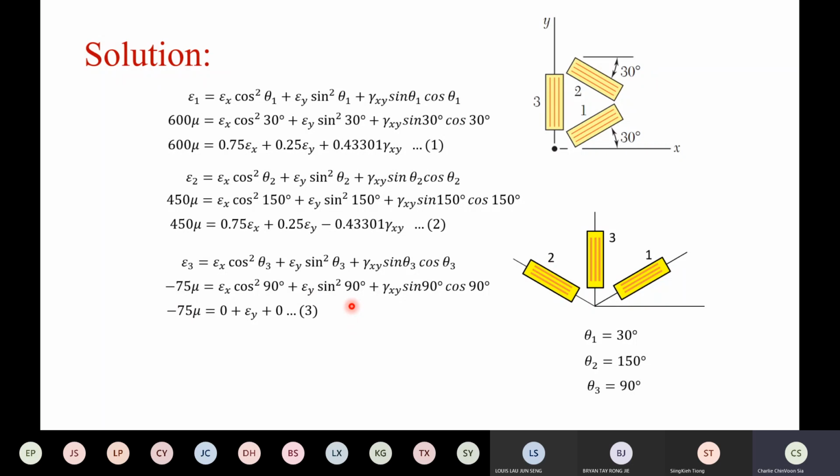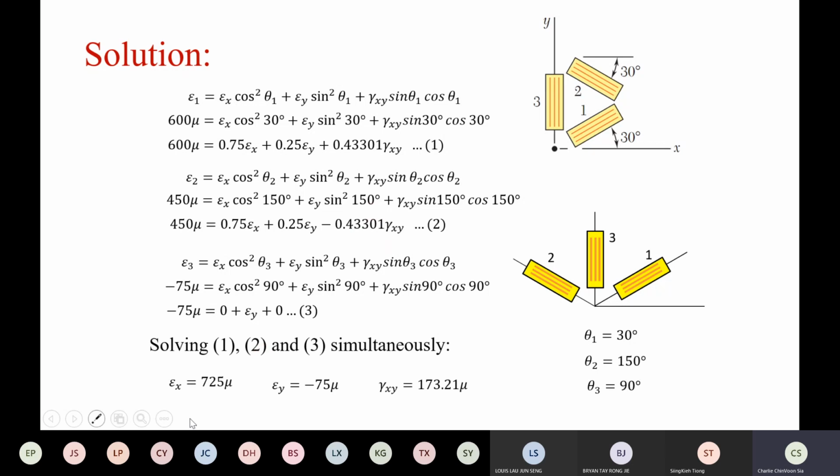These three equations you can solve simultaneously, and you will get the strain x value, strain y value, and shear strain xy value. Is it clear? This is the step to determine strain x, strain y, and shear strain xy.